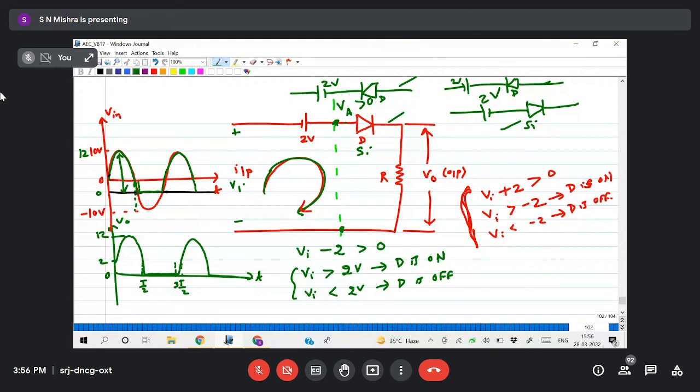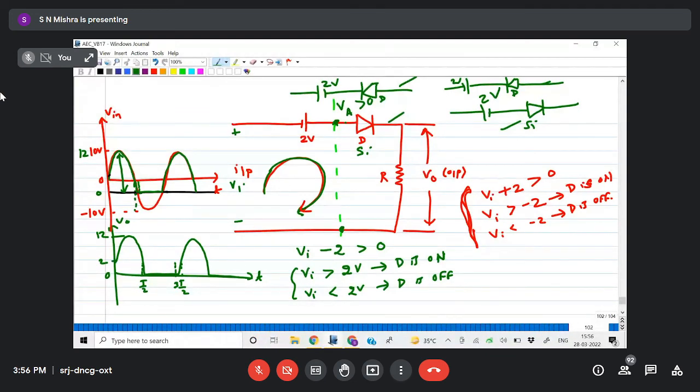Now if you want more, then you can take a practical diode, then it will be 6. So that's why any number of questions you can frame. If you change the input, again 6 questions you can set. But follow the steps. The process is the same. If you follow the process, then the answer will be the same.